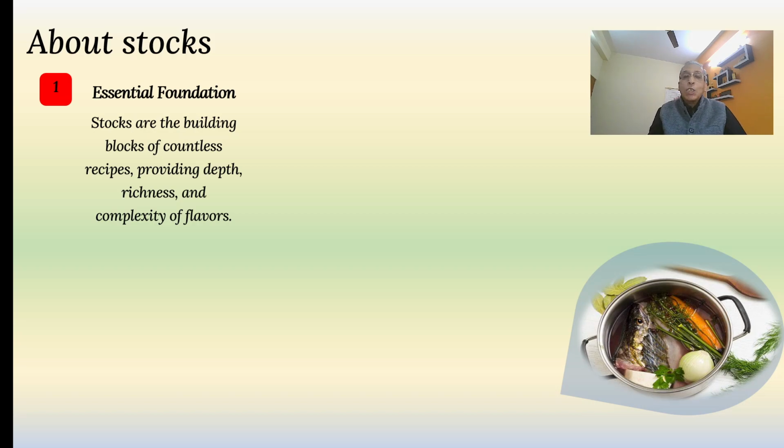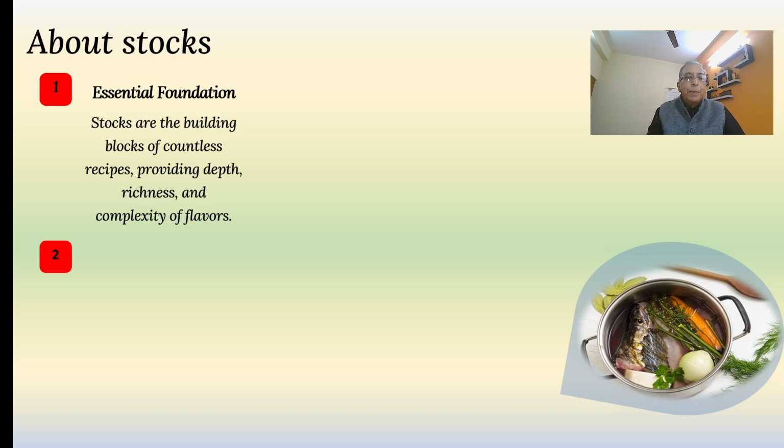Because stocks are the building blocks of countless recipes, providing depth, richness, and complexity of flavors. That's why it is known as foundation liquid. It acts as a foundation, like a building, for the product or item you are going to make.